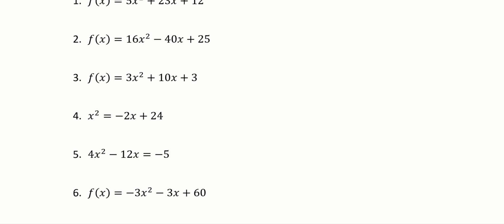So the first step I'm going to take is to take the square root of the first and last term. So the square root of 16 is 4, the square root of x squared is x, and the square root of 25 is 5. And then I'm going to multiply those together.